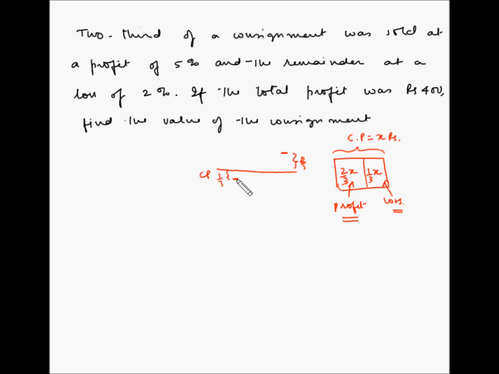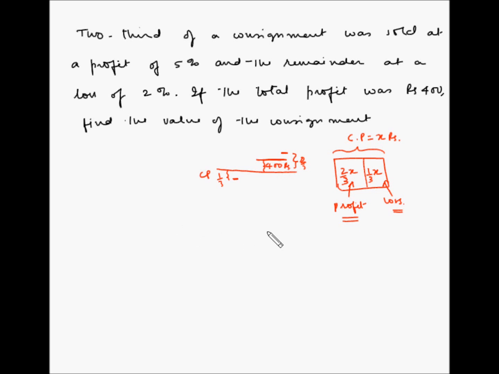Now considering this loss, of course the loss is lesser than the profit because profit is 5% while loss is 2%, and that too loss is only for 1/3 while the profit is for the bigger portion, which is 2/3. So the net price after subtracting the loss from the profit will come somewhere here, and this has been given as 400 rupees.